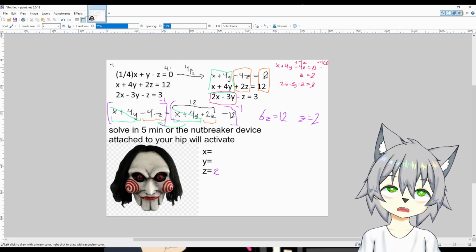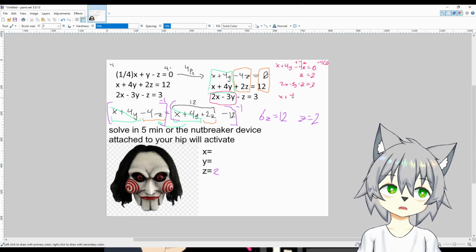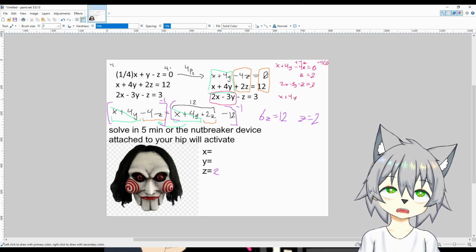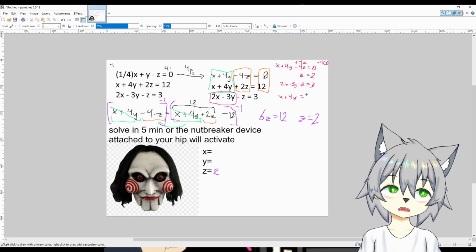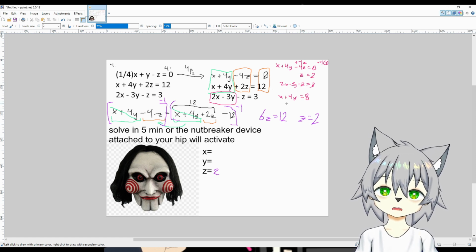So we add 8. Then we have x plus 4y equals 8 here, because this is a negative, we want to get rid of it, so that all cancels out.